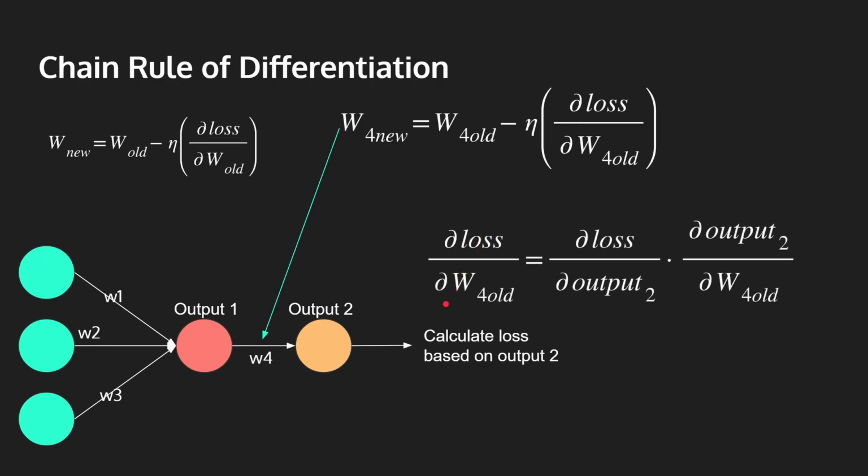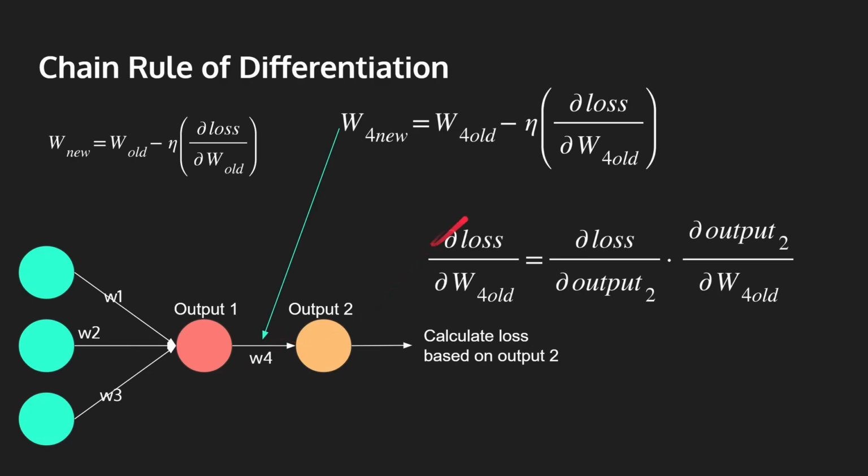Well, for our old weight, what we can see is that our loss is dependent on output 2. Sorry, our loss depends on output 2, so whatever output 2 is, that will affect our loss. And output 2 is affected by the old weight 4.